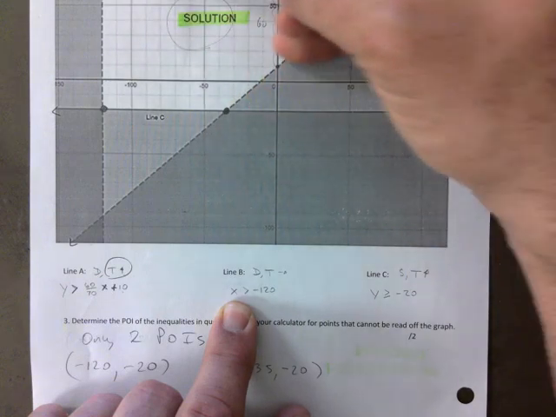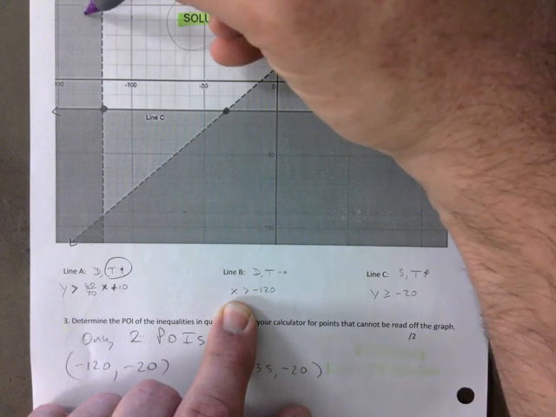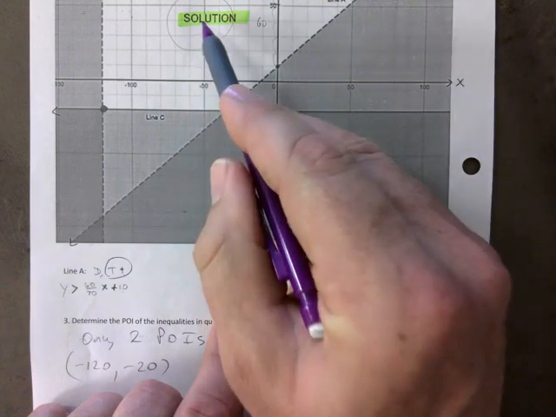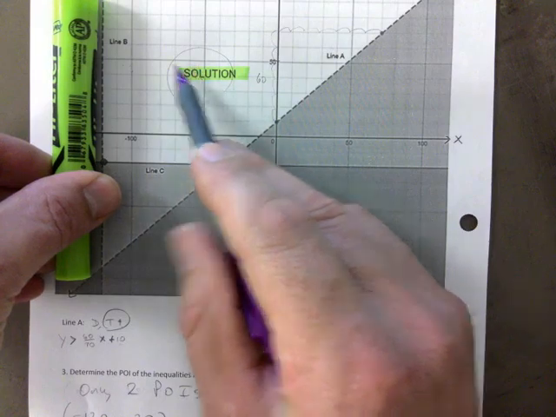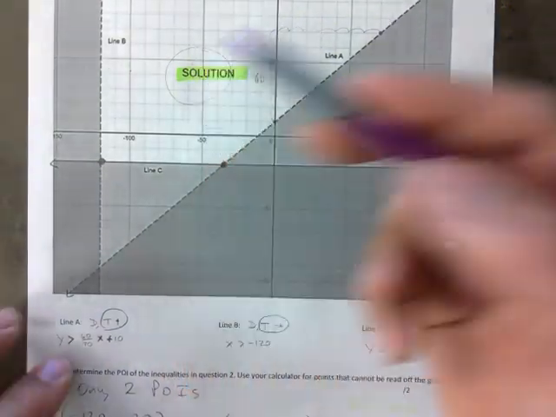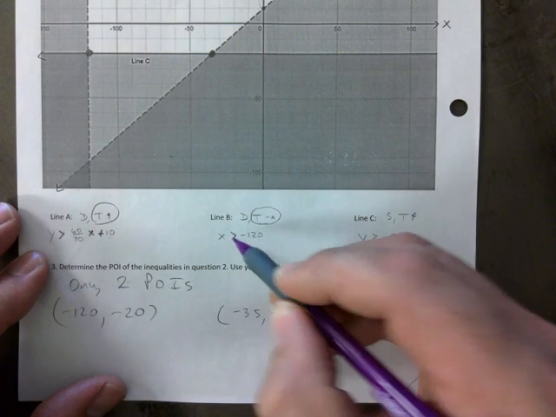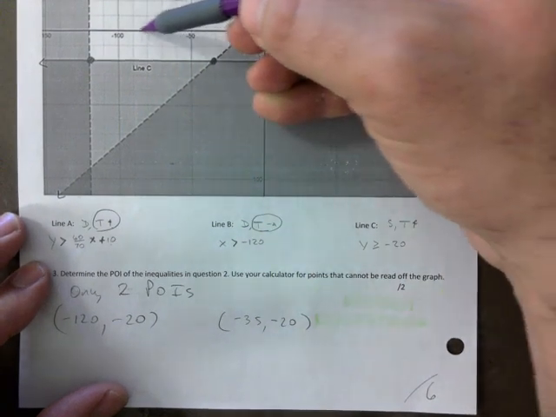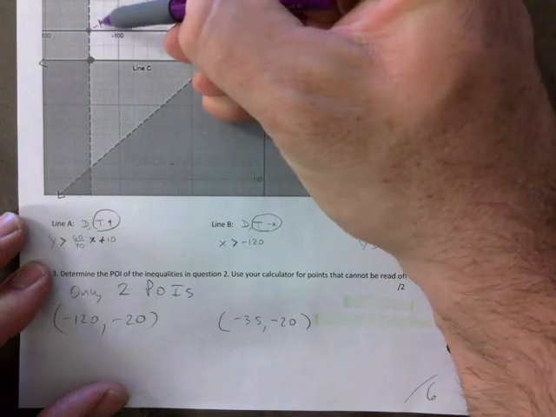I can tell that this is false, and the true region is to the right, because if this is my line and this is the solution, then this is the true region, which is to the right. So you have to go greater than, and just greater than because it's dashed, negative 120. So you see where it crosses the x-axis? Right here. This is negative 120 right there.